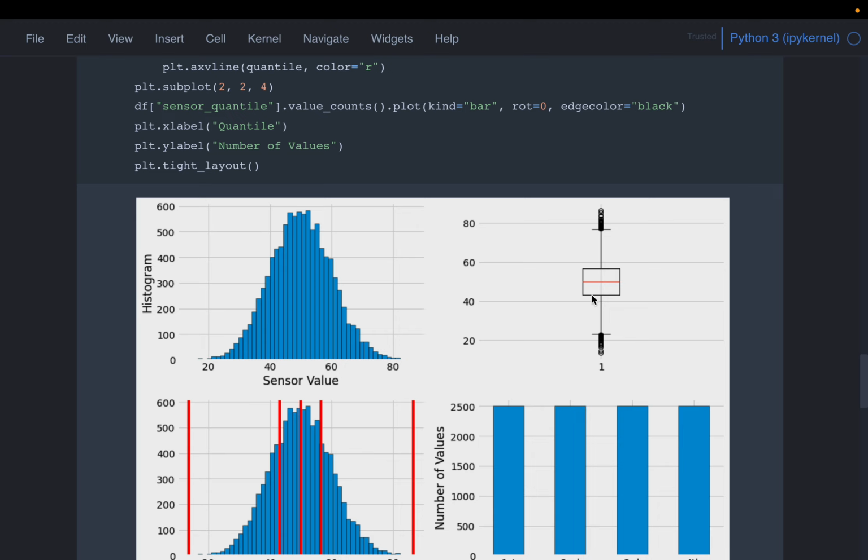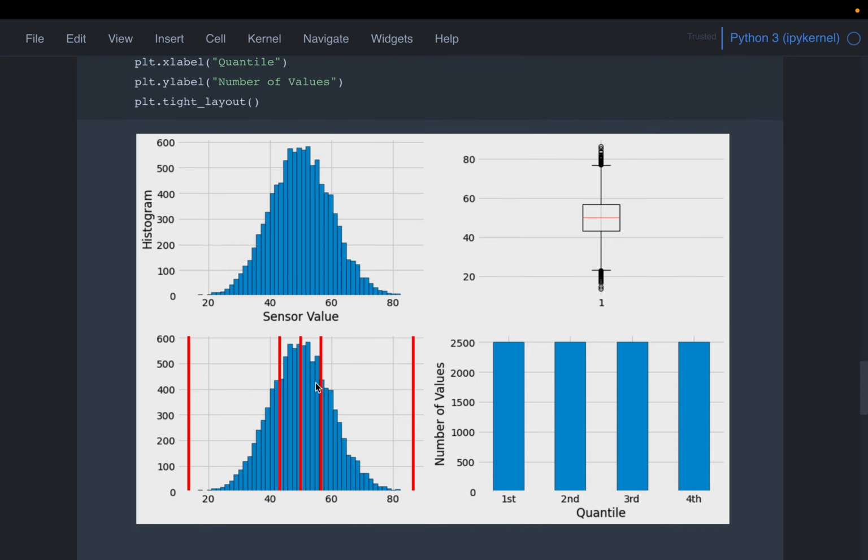So there will be 25% of the values, which is 2,500 values, between this Q1 and the orange value, which is the median. And similarly, another 25% of the values between the median and the Q3. Now above this Q3, we will have the remaining 25% of the values. Now don't worry about what these points are representing. We will discuss that in later videos when we talk more about outliers.